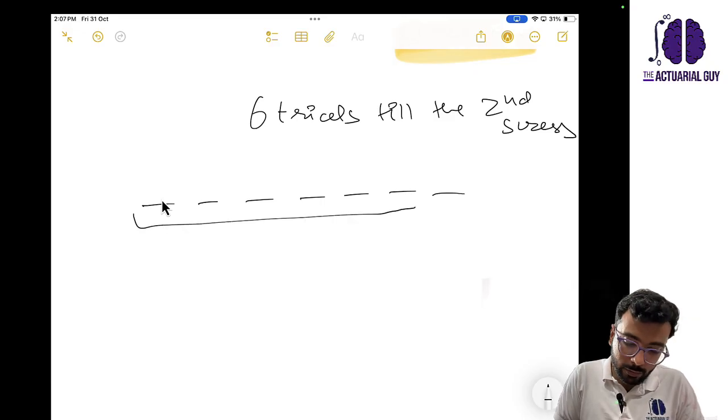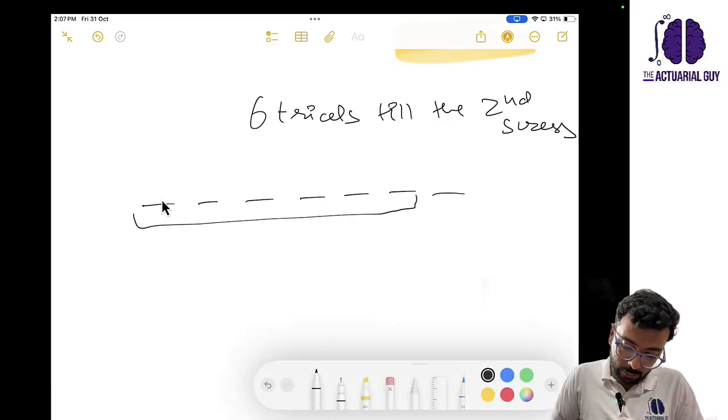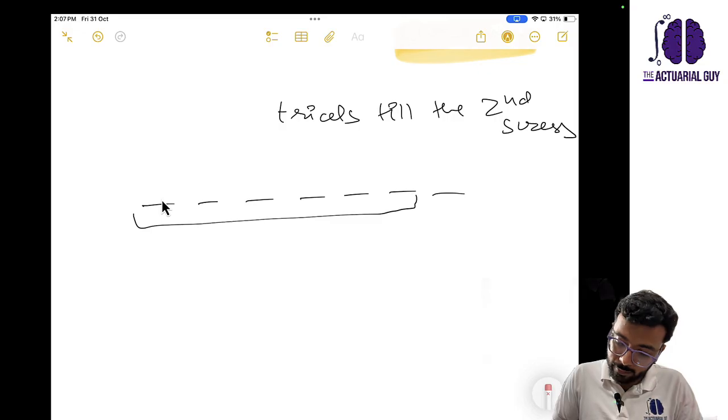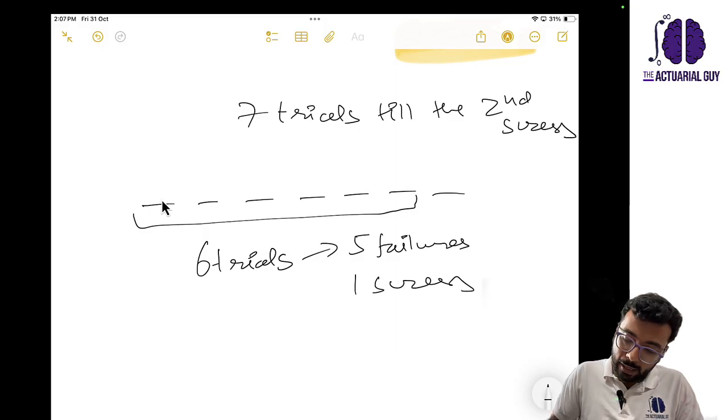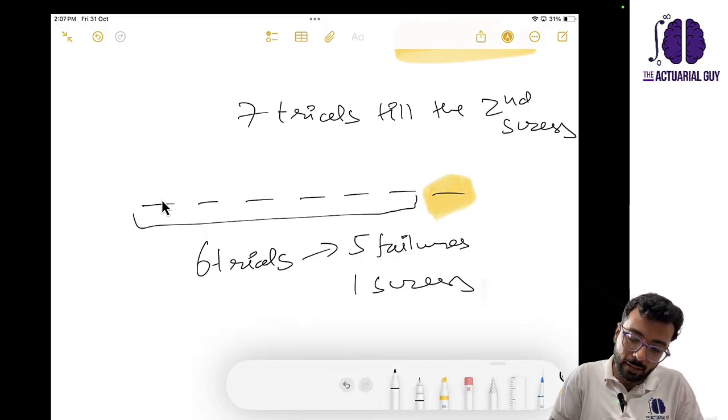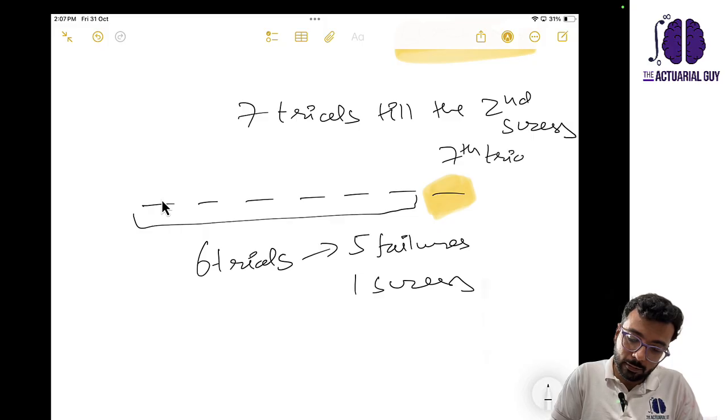That means out of these first 6 trials, what will you have? You will have 5 failures and 1 success. And then the 7th trial would be the second success. This is the 7th trial, which is also the second success, right?